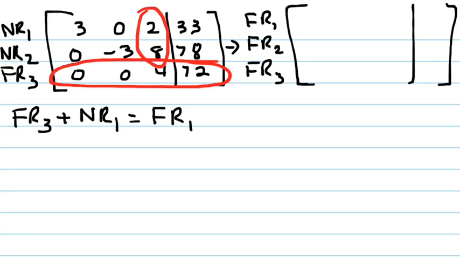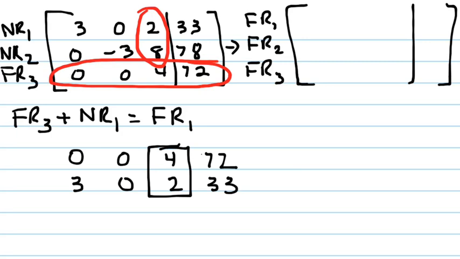So let's write down what we have. So final row 3 is 0, 0, 4, and 72. New row 1 is 3, 0, 2, and 33. And we're trying to eliminate right there.